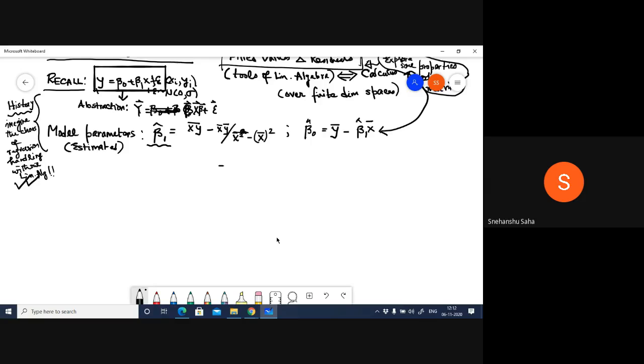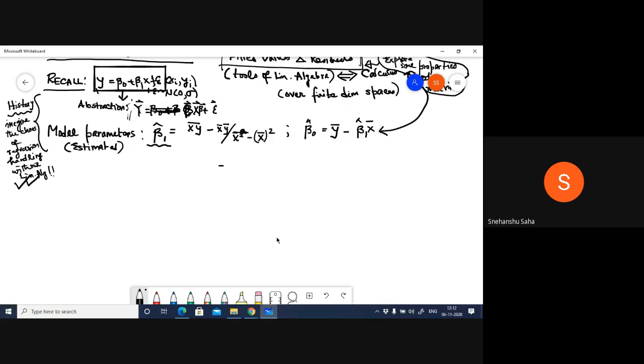These are model parameters, beta naught and beta 1, which you need to efficiently estimate in order to know how good your model is, based on some set of training examples that you are given a priori. And we also assume that the errors are normally distributed with mean 0 and some standard deviation sigma.